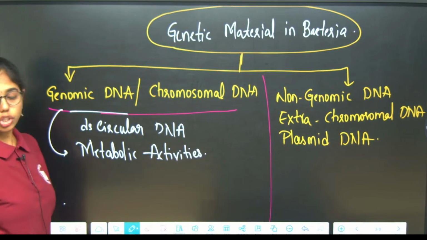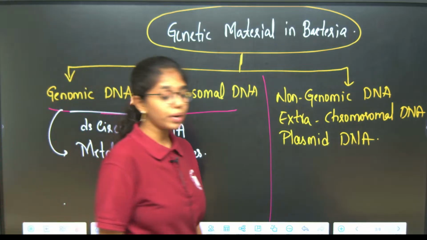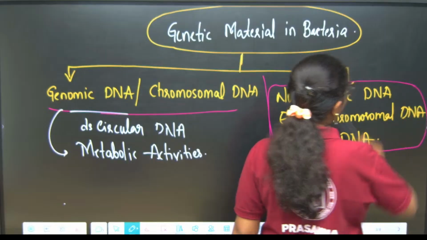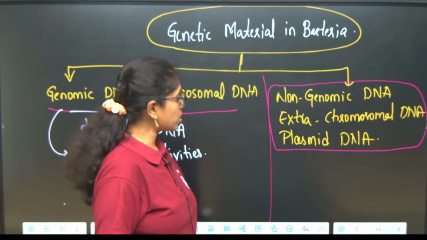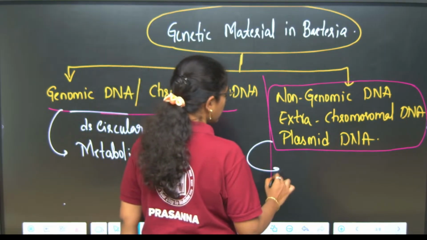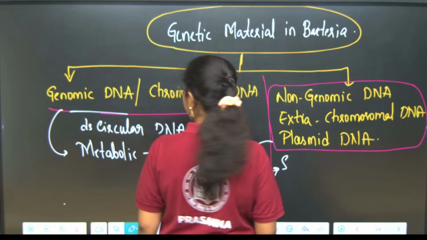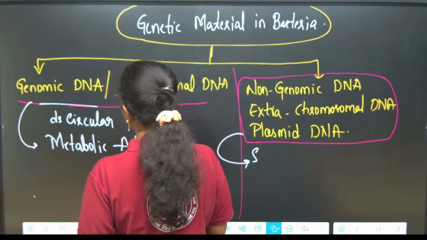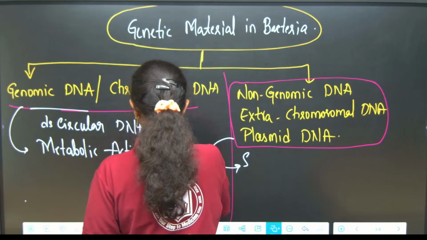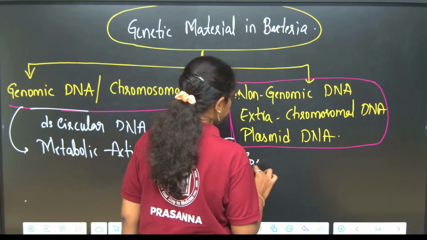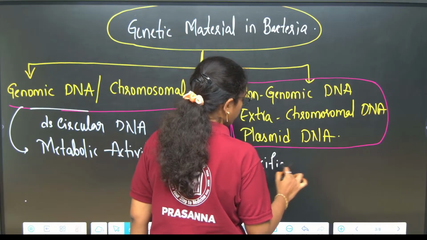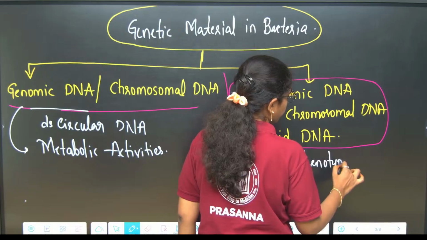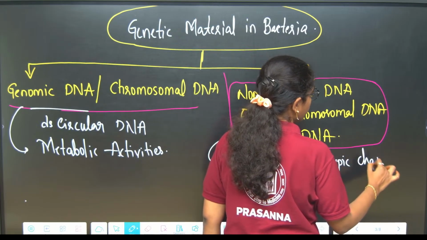Whereas non-genomic DNA, extra chromosomal DNA or plasmid DNA, will look after 3 major functions. First, providing specific phenotypic character to the bacteria.